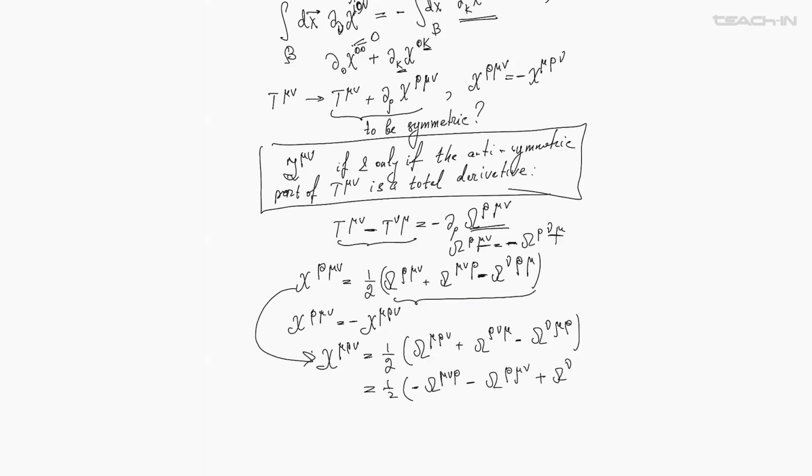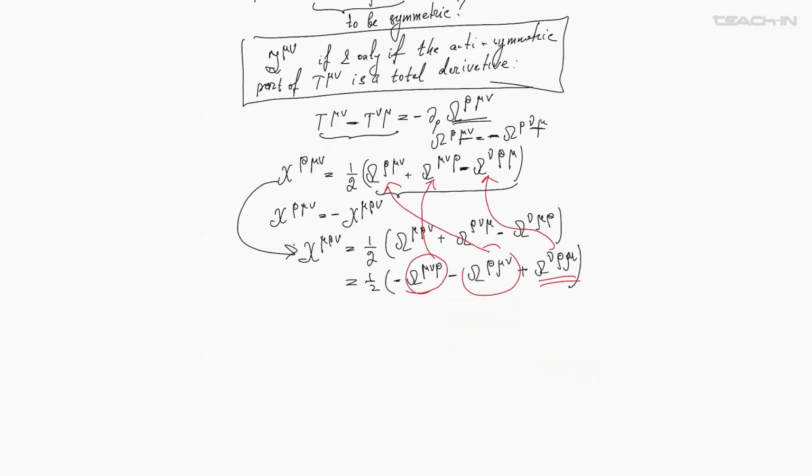And let's now see that this term here, μνρ, is minus this guy. This ρμν is minus this term, and the last one is minus this term here. So indeed, this tensor χ does satisfy the symmetry property we want from it.